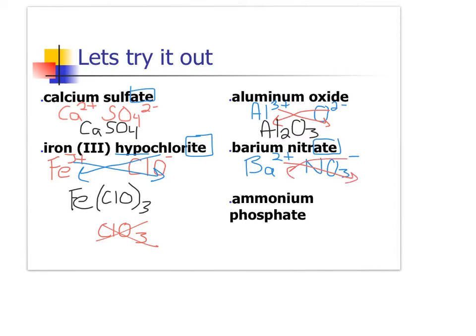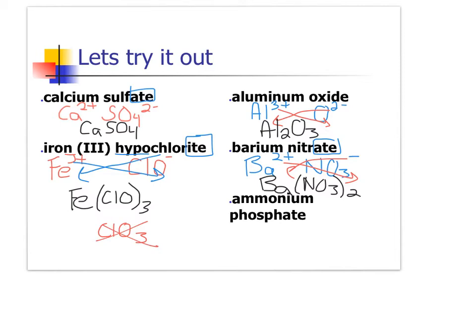Again, I have 1 barium, so I'll write Ba. And now I'm going to have more than 1 polyatomic ion, so I need to put my NO3 inside parentheses. And put the 2 that crisscrossed on the outside of the parentheses.